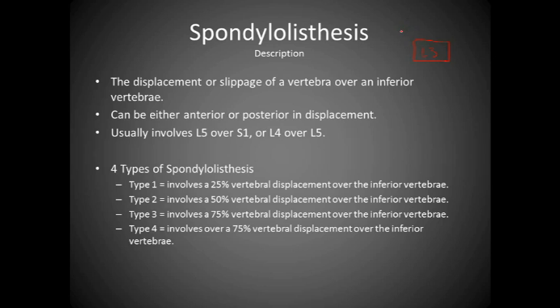And so what we're talking about with spondylolisthesis is that you have slippage to where it went anterior, or it has gone posterior. You could say that maybe L2 is normal and L3 has slipped backwards.